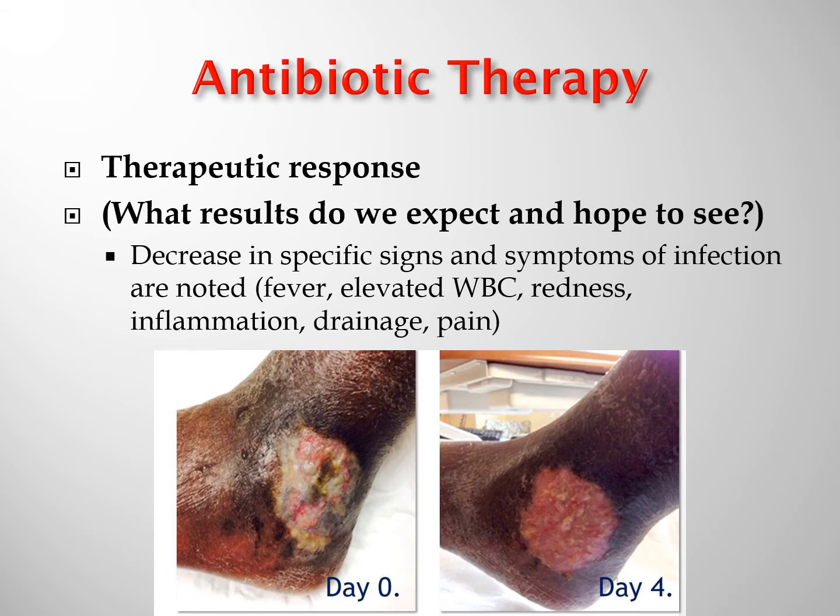So if it was elevated initially, we'd be looking for the white blood cell count to be normalizing, returning back to a normal baseline. So it's very important to understand what's being treated, but also what's the therapeutic response that's expected, so that you can tell the patient, this is what we expect to happen in the coming days with this antibiotic therapy.